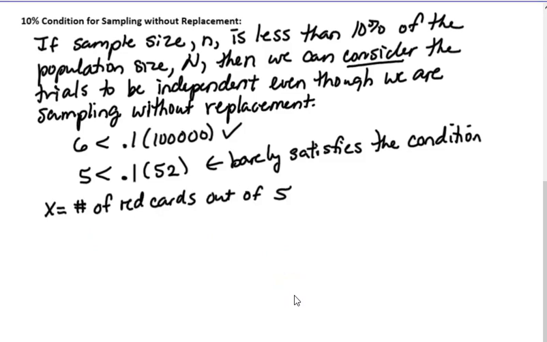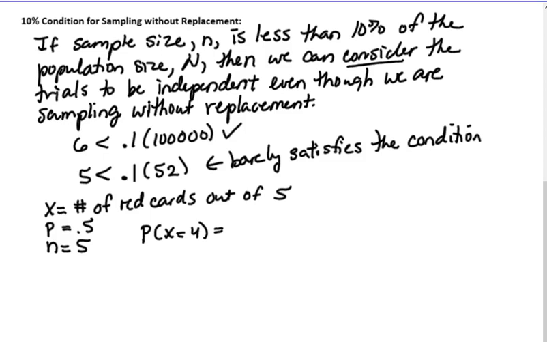Okay, so we said x equals the number of red cards out of 5, and so the probability p would be 0.5, because half the cards are red, and n equals 5. And let's investigate the probability that x equals 4, that we get 4 red cards.